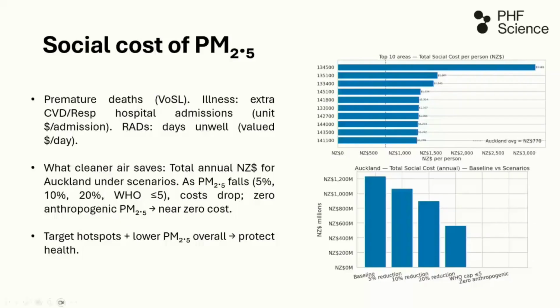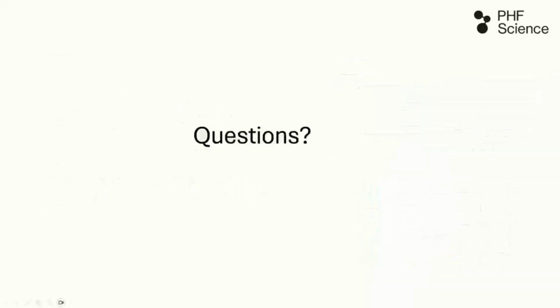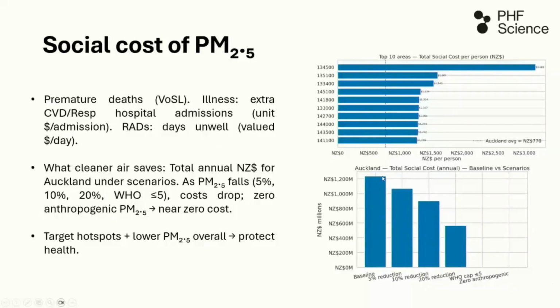So using this information, we can go a step further and simulate which areas are more at risk, which SA2s, and from those SA2s, what type of policies we can adopt. If we reduce pollution by 5% or 10%, what is the overall impact going to be in terms of dollars or overall health impact?